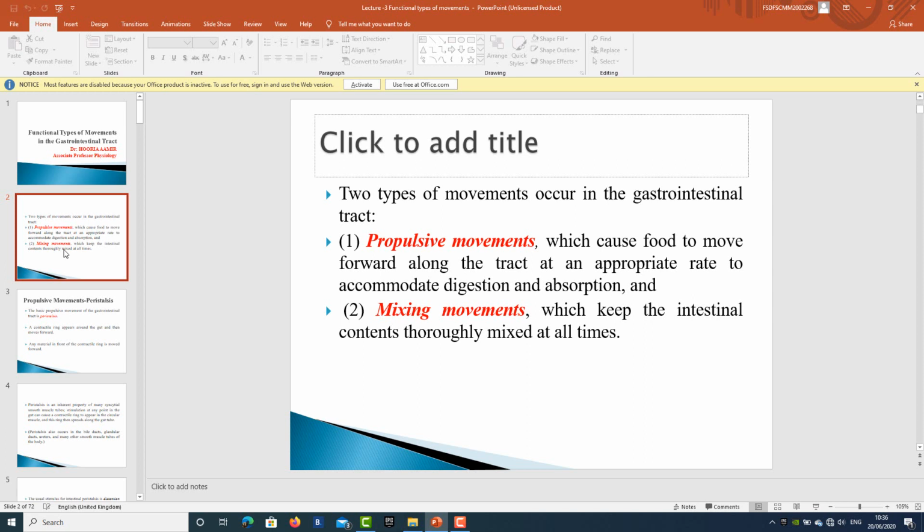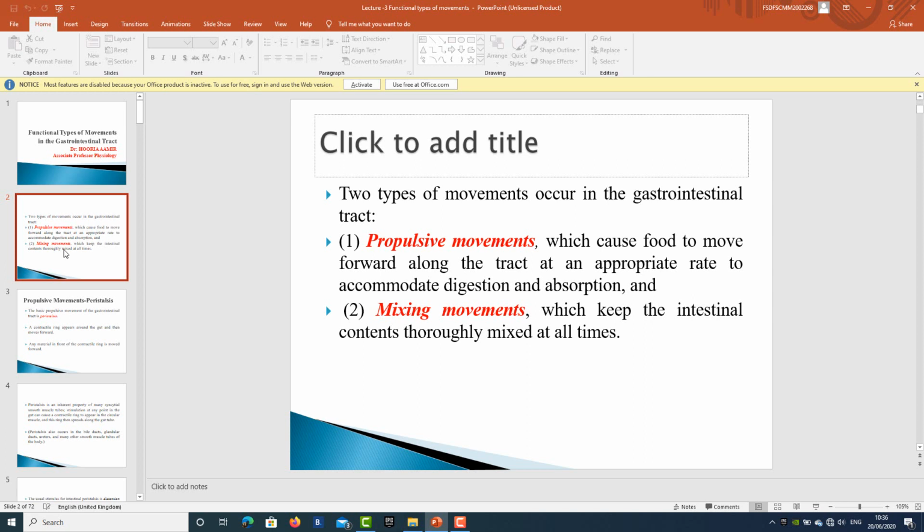The two types are the propulsive movements and the mixing movements. Let's talk about them one by one. First are the propulsive movements. They cause the food to move forward along the tract at an appropriate rate to accommodate digestion and absorption.